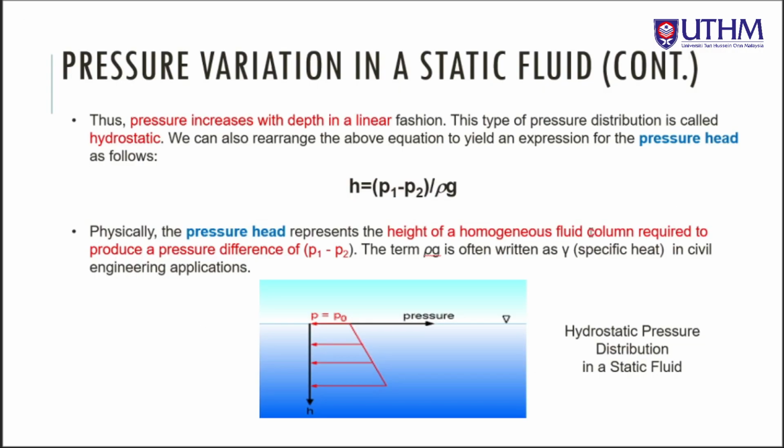Okay, but it is usually used if let's say it is considered in a civil engineering application. Okay, so kat sini nampak dia punya increase in pressure is in a linear fashion.